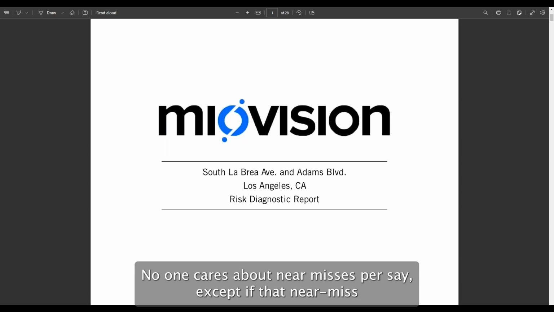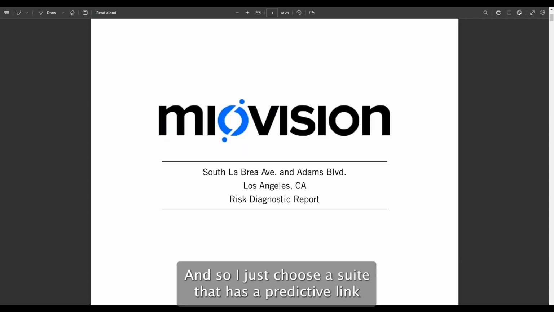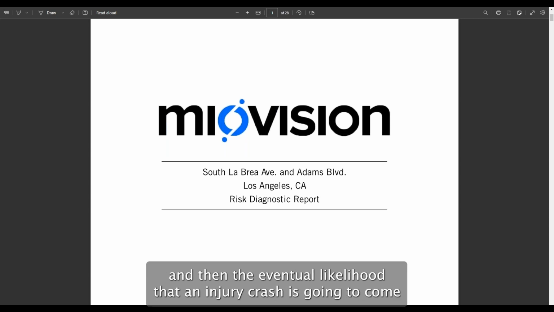No one cares about near misses per se, except if that near miss is correlated with the likelihood that an eventual injury crash is going to come. And so I just choose a suite that has a predictive link between the frequency of that surrogate occurring and the eventual likelihood that an injury crash is going to come.